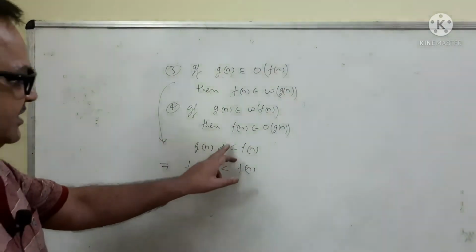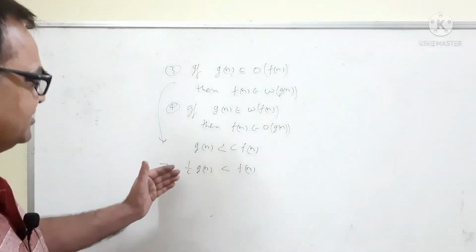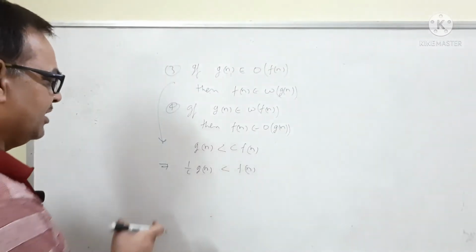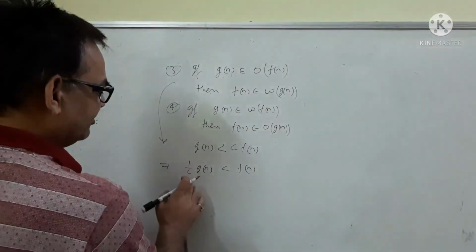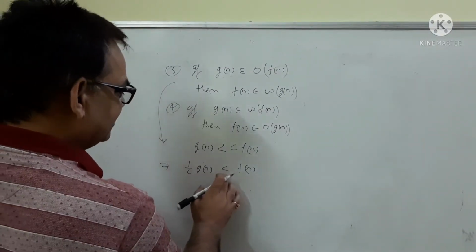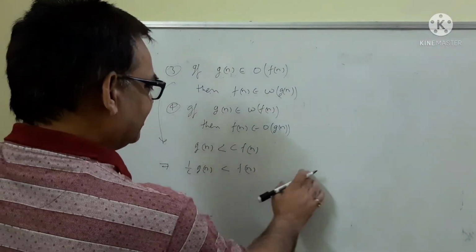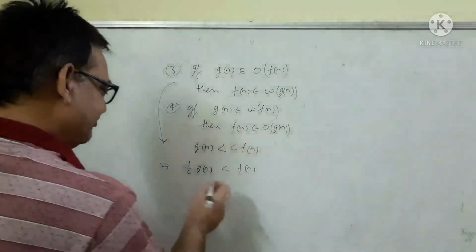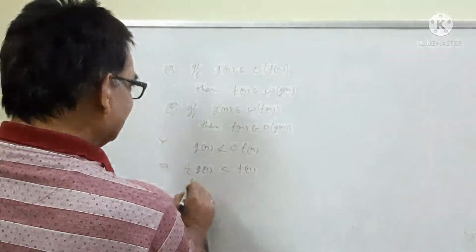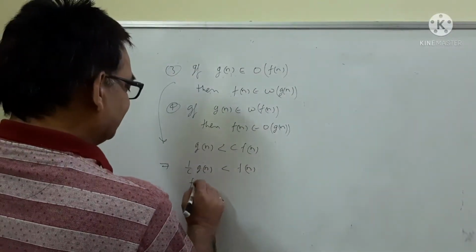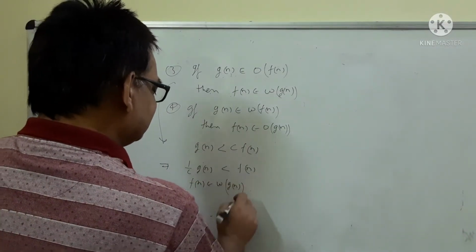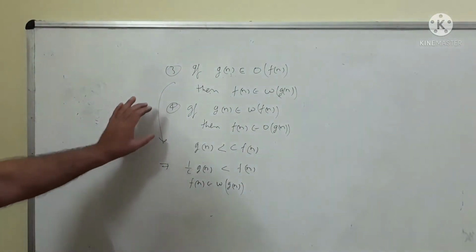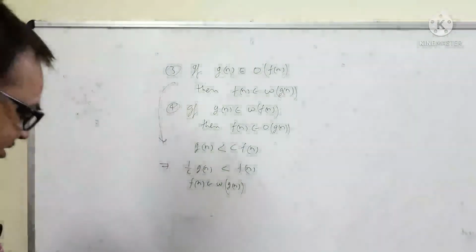Since C is any positive constant, 1 by C is also a positive constant, and hence for all positive constants, 1 by C g(n) is less than or equal to f(n) for large values of n. By definition, f(n) belongs to little omega g(n). Similarly, the result 4 can be seen.